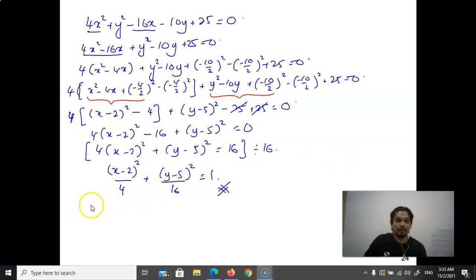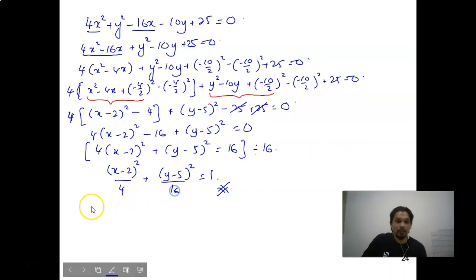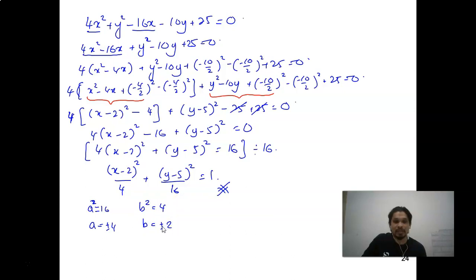Now a squared equals 16, then a equals plus minus 4. b squared equals 4, then b equals plus minus 2. Plus minus means that from the center, we move 2 units to the left and 2 units to the right. And a, plus minus 4, from the center it moves 4 units upward and 4 units downward.